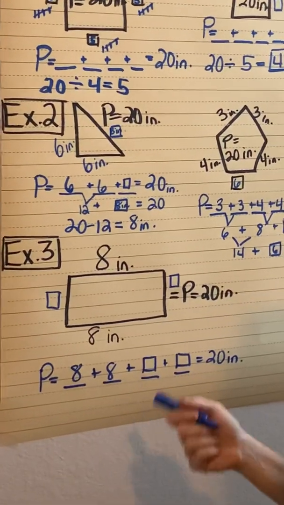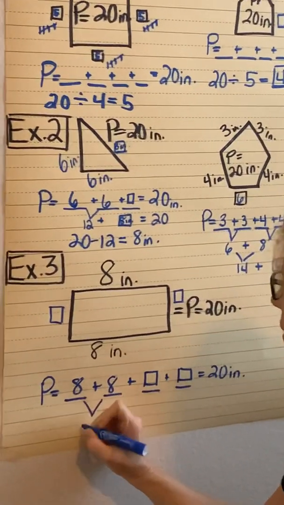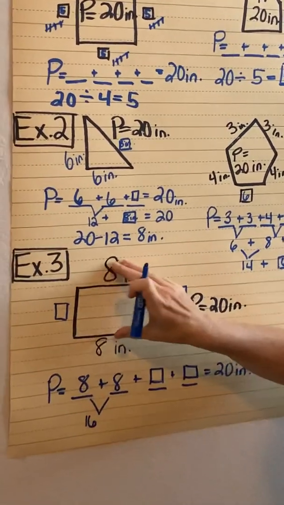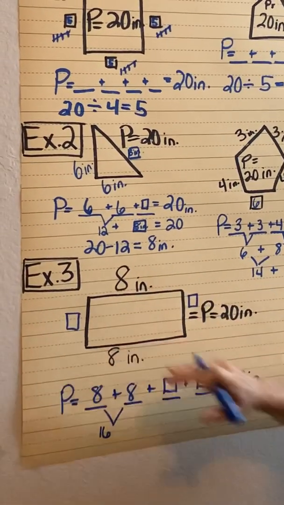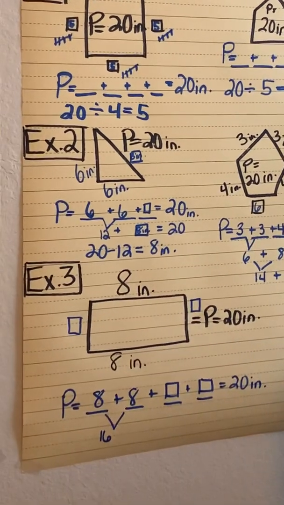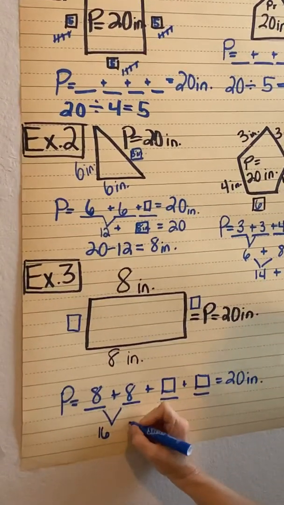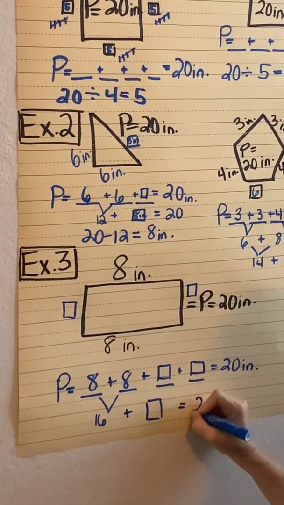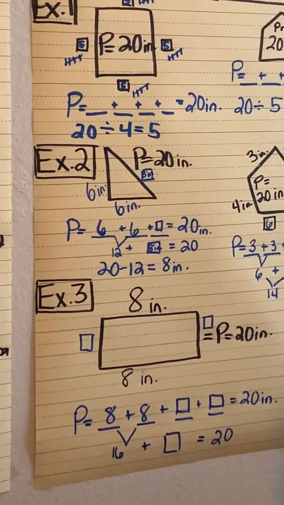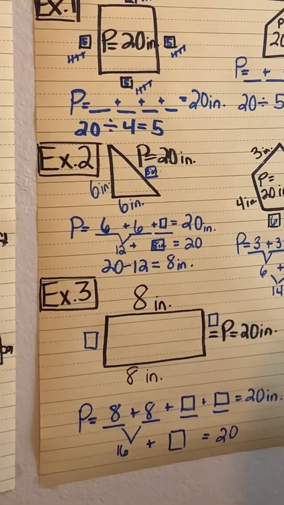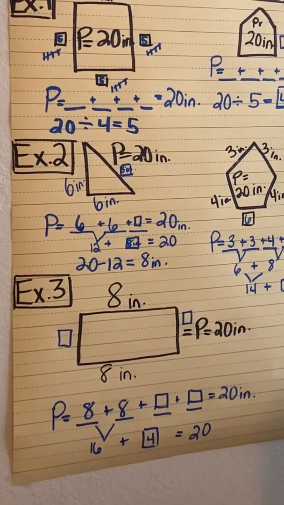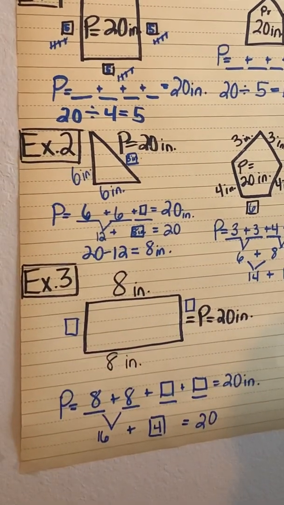So we know we have 16 inches between the width of this rectangle on top and on bottom. We know we have to add to that 16 our unknown to get 20. Okay, 16, 17, 18, 19, 20. That's 4. We know that. My unknown is 4. So you're going to say to yourself, oh, cool. This is 4 and this is 4.